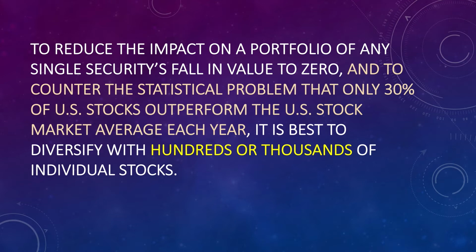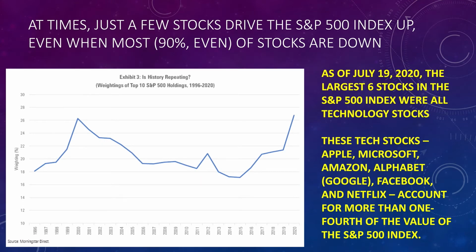Yeah. And sometimes just a few stocks drive the S&P 500 index up. As of July 19th, 2020, the largest 6 stocks in the S&P 500 index, Apple, Microsoft, Amazon, Alphabet, which is Google, Facebook, and Netflix, accounted for more than 1/4 of the value of the S&P 500 index.